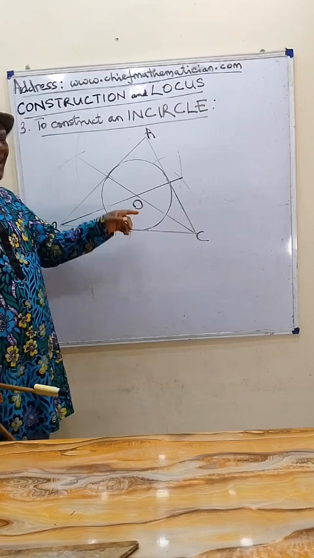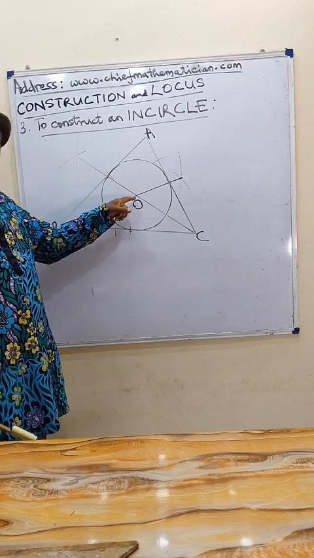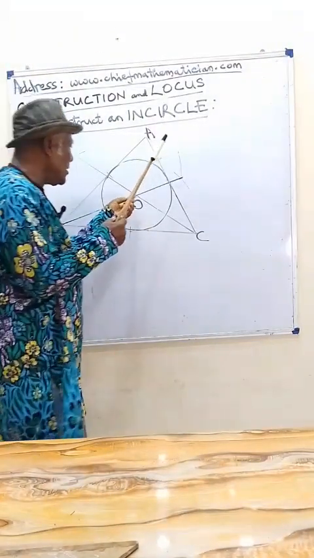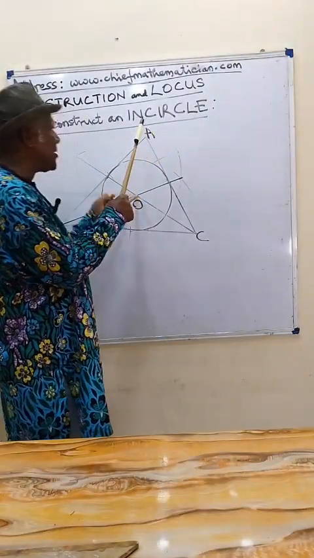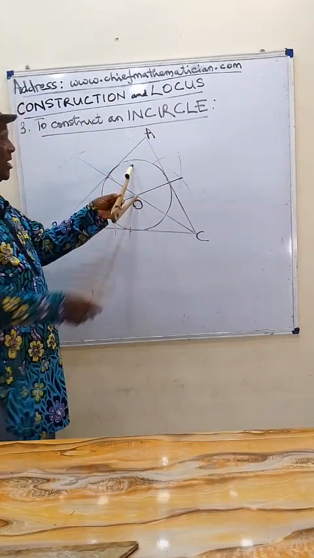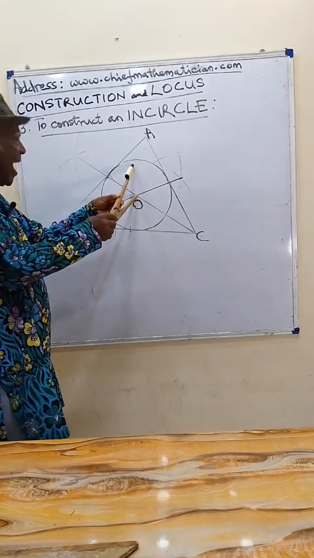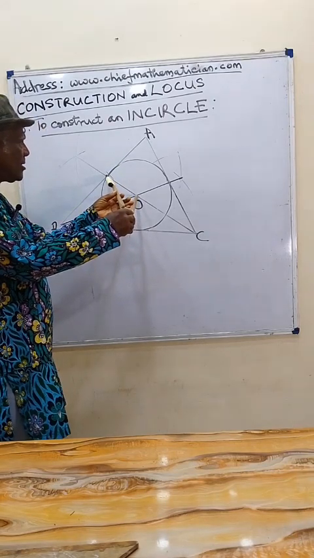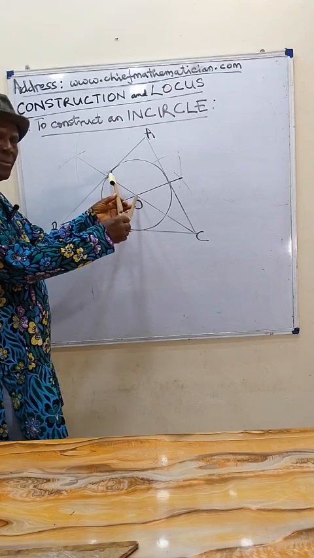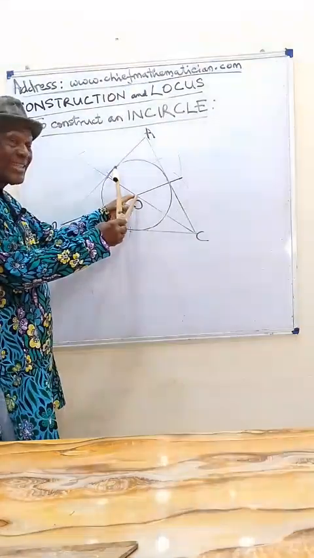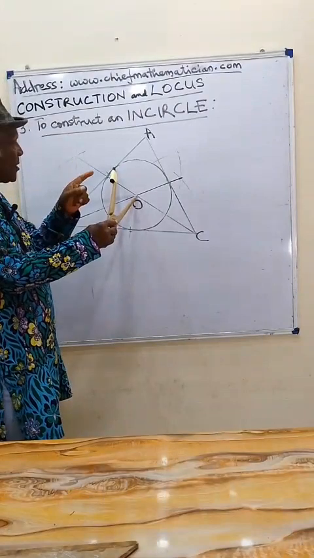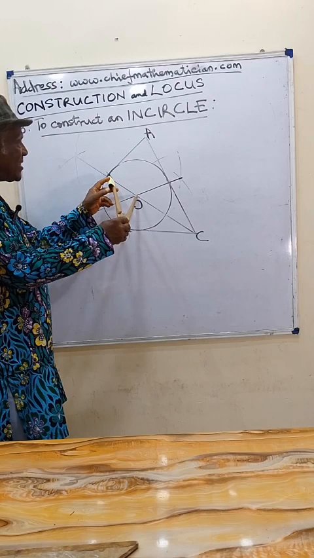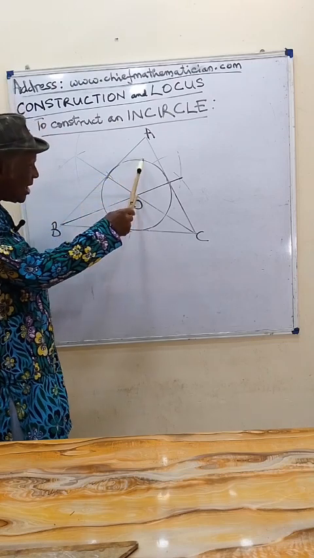The two bisectors intersect at the point O. Now, using O as your center and a radius that touches any of the sides, you begin to construct a circle.